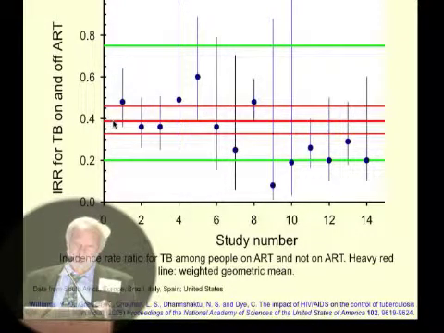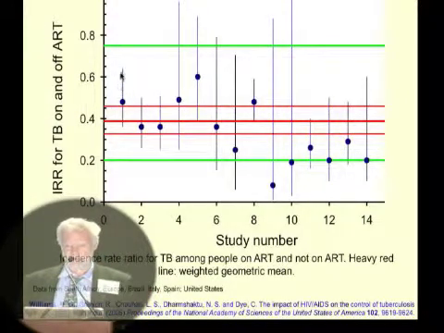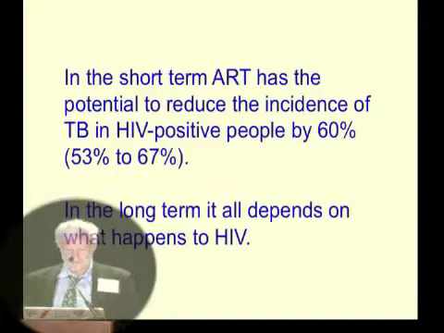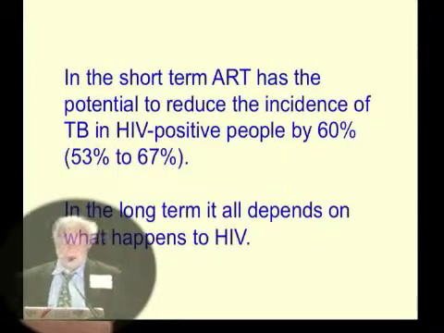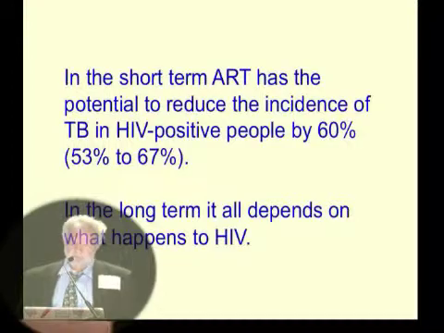So putting people onto antiretroviral therapy should reduce their risk of getting TB by about 60%, averaged over the whole range of possibilities. So in the short term, we can be fairly confident that if we roll out antiretroviral therapy as treatment as prevention, it has the potential to reduce the incidence of TB in HIV-positive people by about 60%.